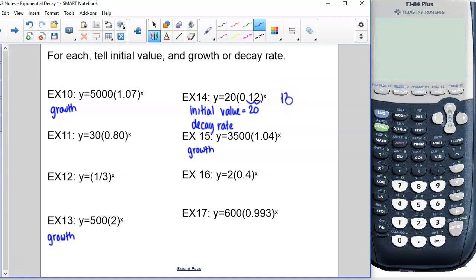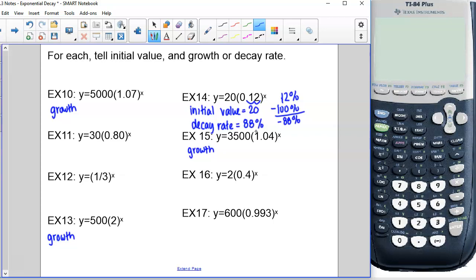That gives you 12%. You're going to subtract 100%, which gives you negative 88%. The negative tells you it's decay. You don't include the negative, and you don't have to change that back. So that is your answer, 88%, because the word decay tells me that it is decreasing.